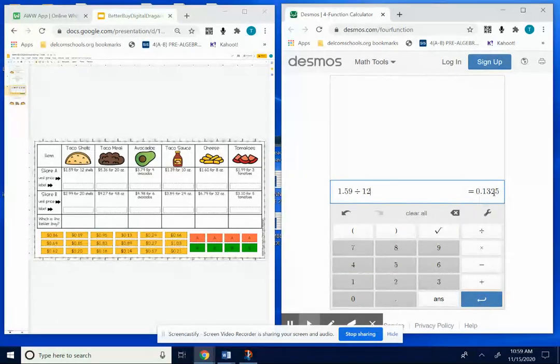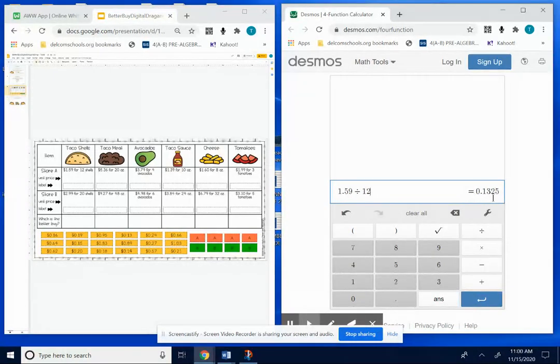So I'm getting a dollar amount. You got to be careful. You got to round to the penny. You want to round this to the penny. 0.1325. The penny place is that second position after the decimal point. The 3. So this is either going to be 13 cents or 14 cents, depending on the next number over.